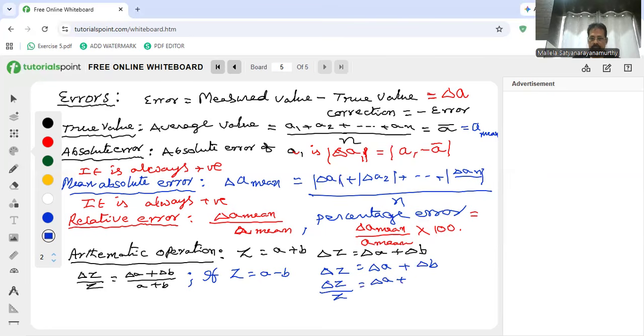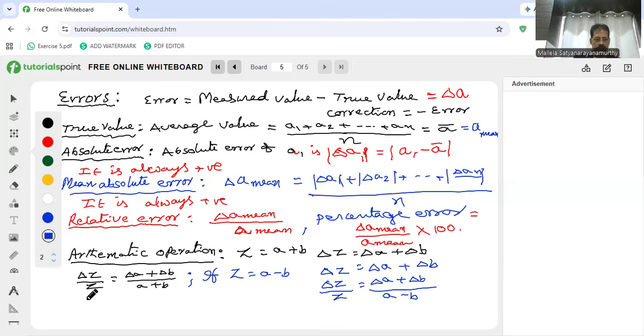So while calculating the relative error, you can write delta A plus delta B by A minus B. Absolute error is always positive. Even if it is negative there, for absolute error you have to write positive only.